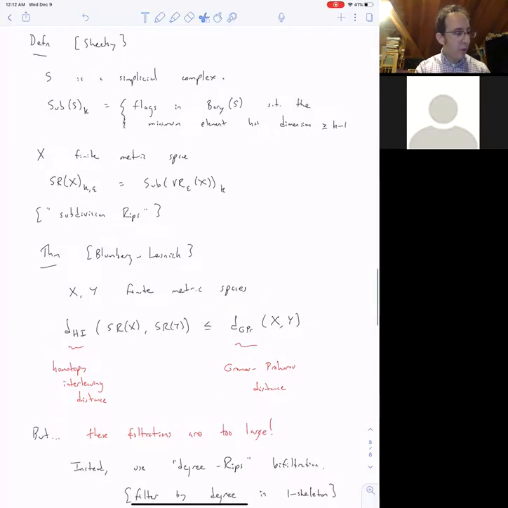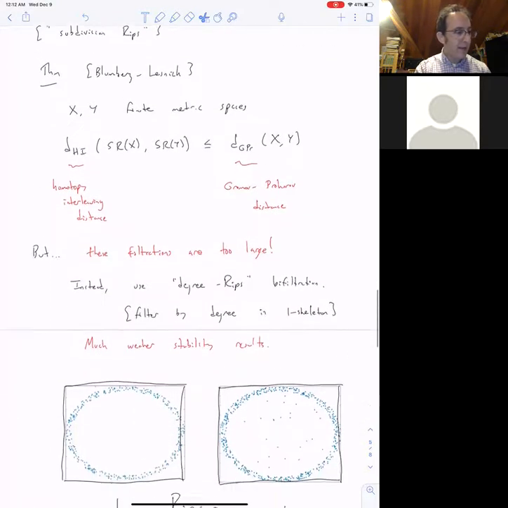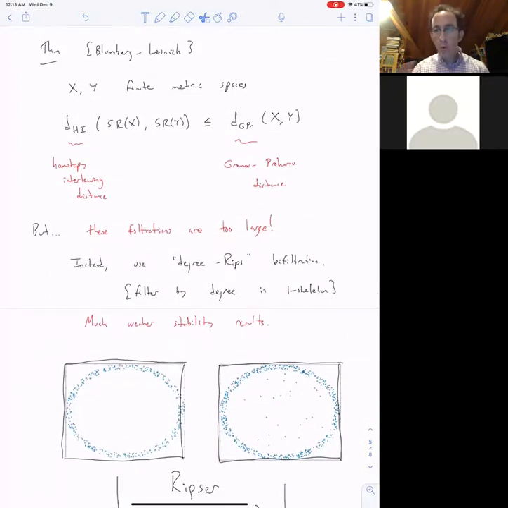And now the theorem that we prove is that if X and Y are finite metric spaces, then, in analogy with the one-dimensional stability theorem, the homotopy interleaving distance between the subdivision Rips filtrations of X and Y is bounded by the Gromov-Prokhorov distance between the metric measure spaces X and Y.